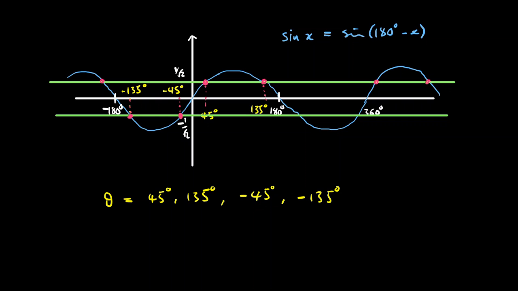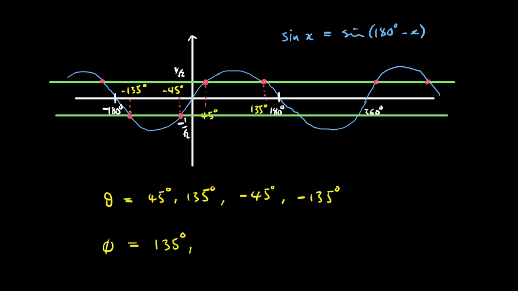And we know that our theta was equal to phi divided by 3. So phi is going to be taking each of these values and multiplying them up by 3. Okay, so if we were to multiply these out, then what would we get? Well, 45 degrees would multiply to give 135.